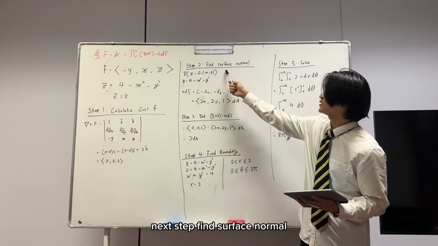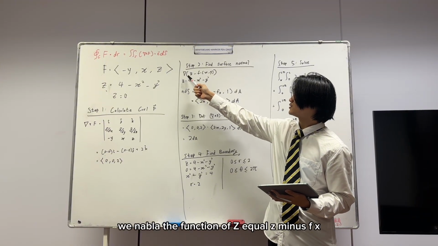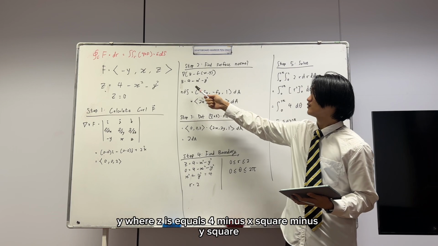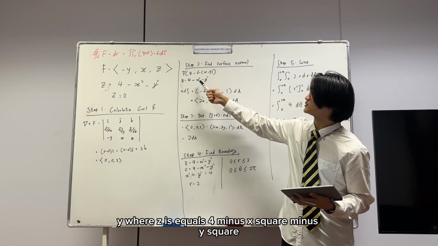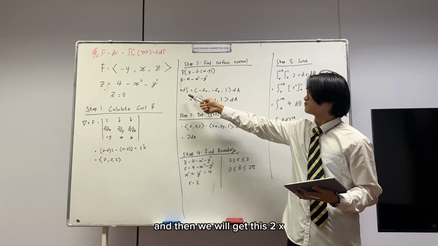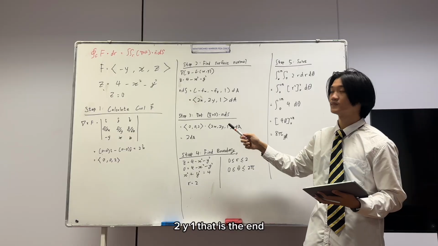Next step, find the surface normal. We take nabla of the function z minus f(x, y), where z equals 4 minus x squared minus y squared, and then we will get 2x, 2y, 1.